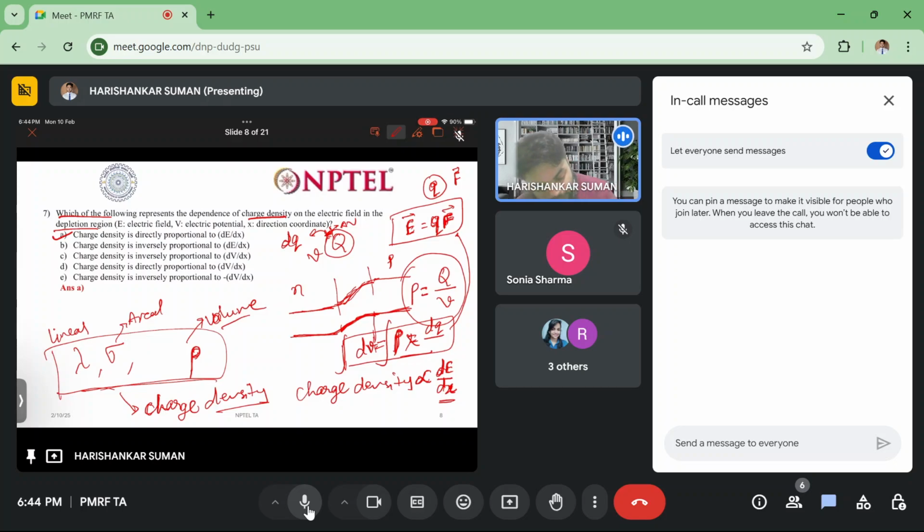So you can put here rho, charge density, and dV. So here you can also find out the proportionality sign. E is directly proportional to the charge density. Okay.